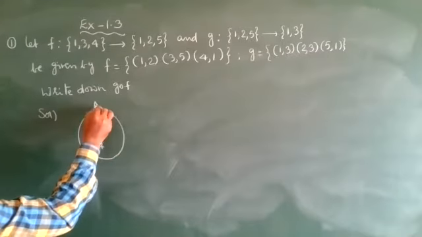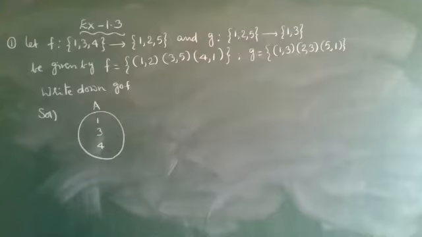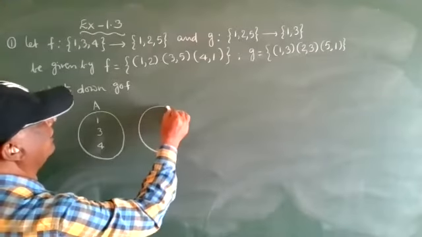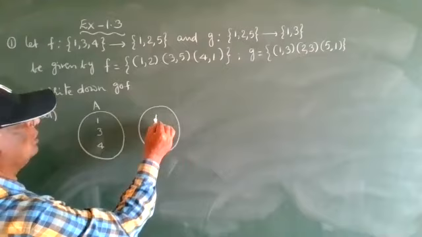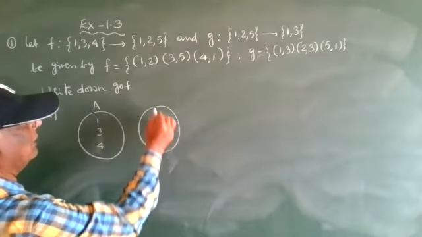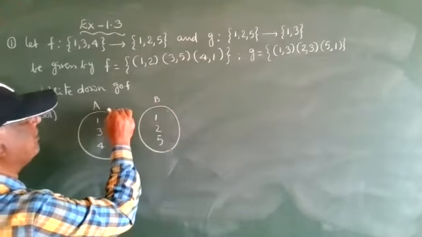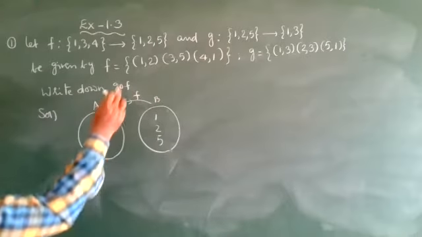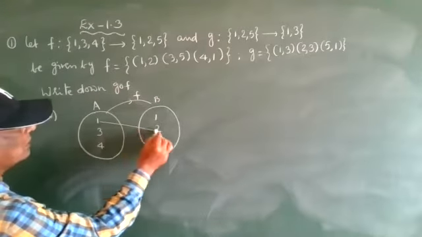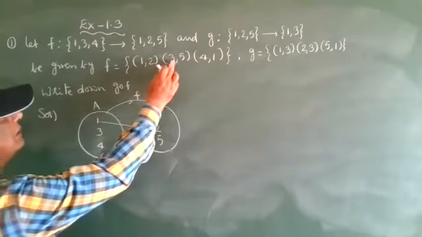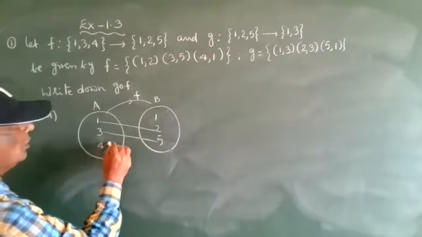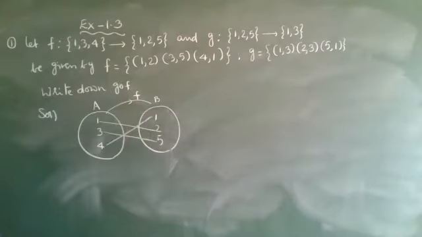The codomain is given by 1, 2, 5. Its mapping is given by f: 1 to 2, 3 to 5, 4 to 1.